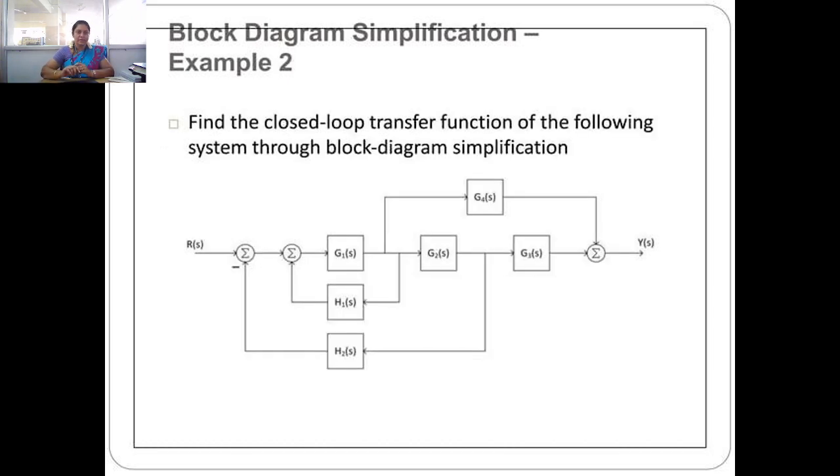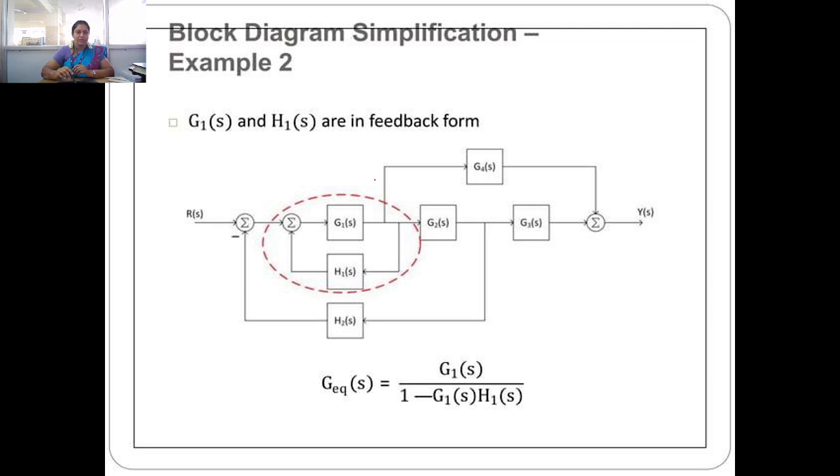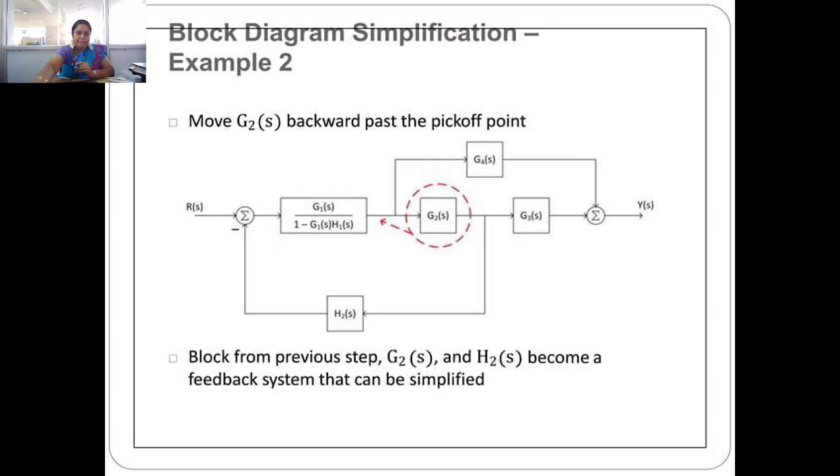And this is your example 2, block diagram simplification. First, this is your feedback form. This is a positive feedback, so the value is in negative: G1(s) divided by 1 minus G1(s) into H2(s).